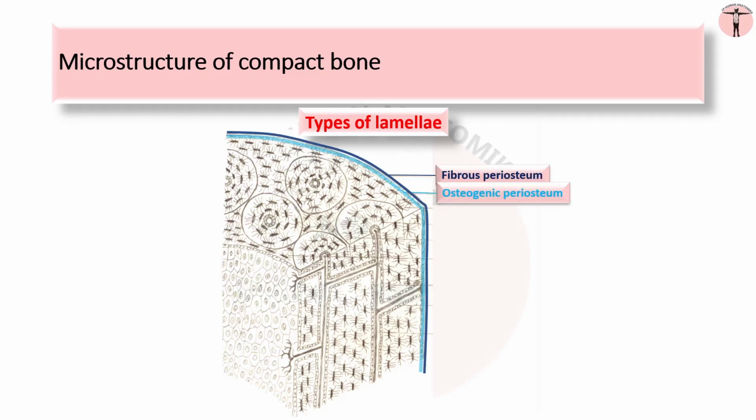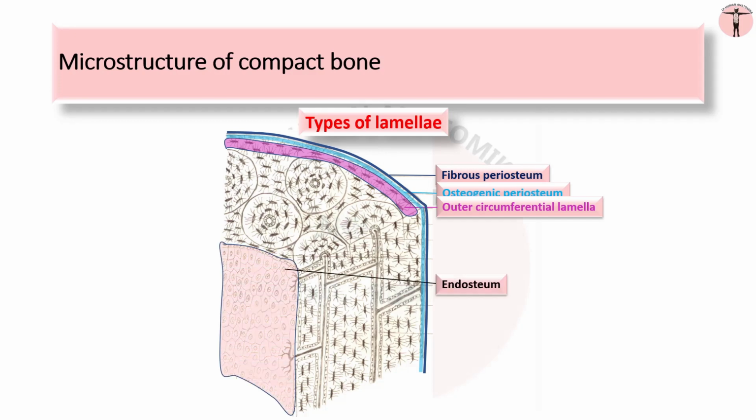Deep to the periosteum are the outer circumferential lamellae. These lamellae are held together by the perforating fibers of Sharpey, which are derived from the periosteum and run obliquely, pinning the lamellae together. Lining the marrow cavity is the endosteum, which in turn is surrounded by inner circumferential lamellae.